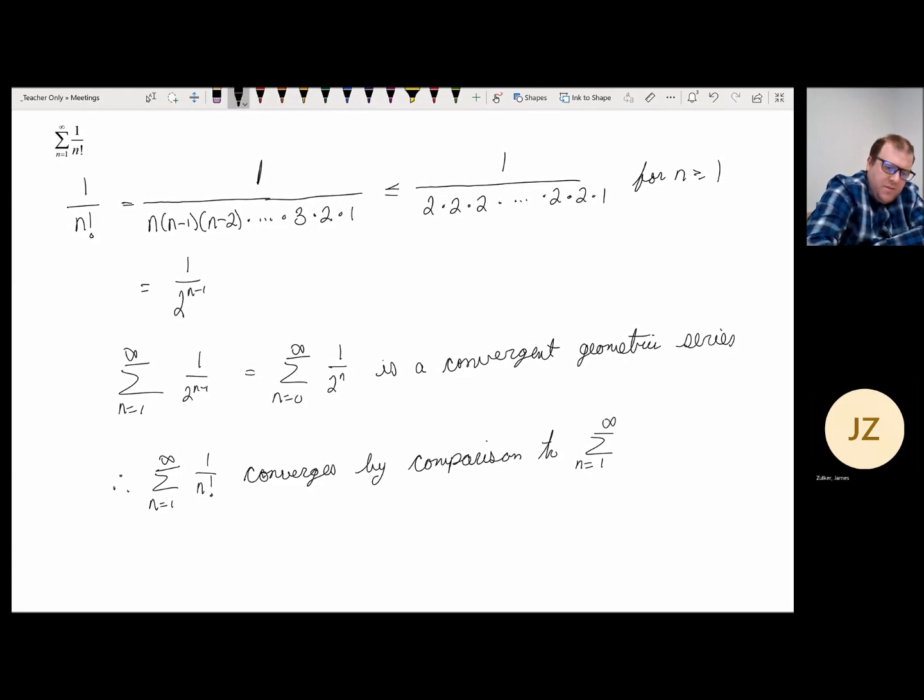Yeah, I'm going to do that, 1 to infinity of 1 over 2 to the n minus 1. So the series 1 over n factorial converges by comparison to the series 1 over 2 to the n minus 1.